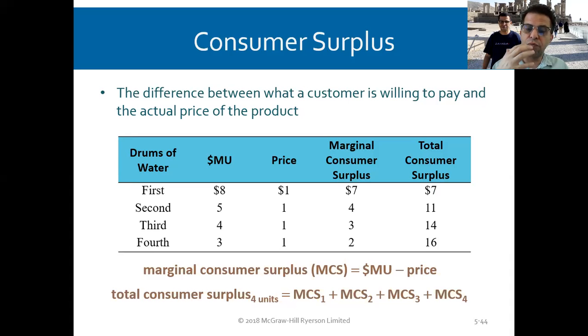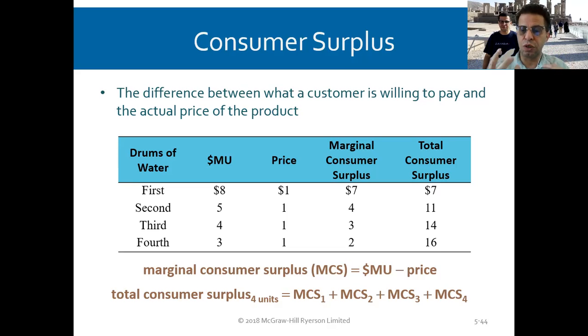And for the second one, your marginal consumer surplus is $5 minus the $1 you pay, so the difference is 4, and 4 plus 7 gives a total of 11, and the third keeps going on. So the marginal consumer surplus is the value that you're getting minus the real price.